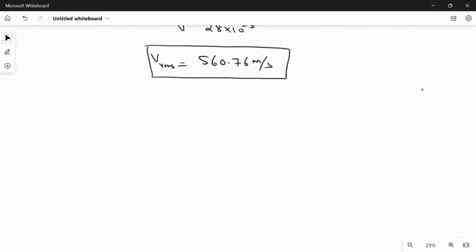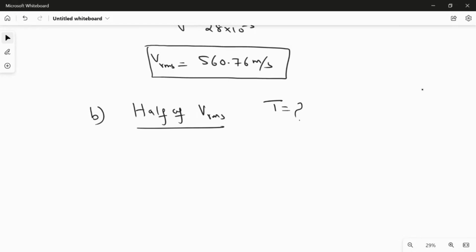In the B part, we have to consider half of VRMS, and for that we have to find the temperature. So what is half of VRMS?